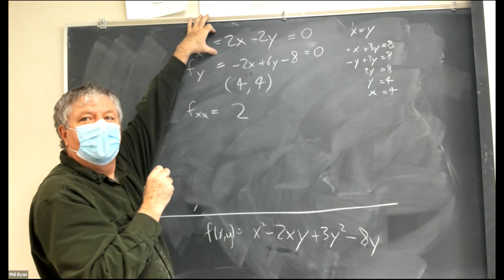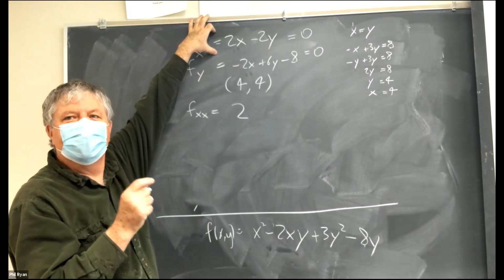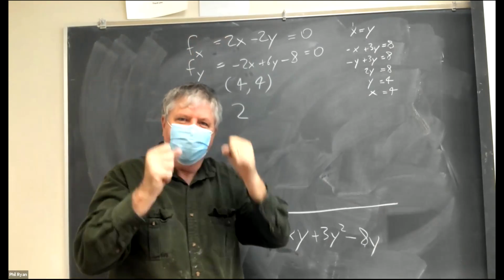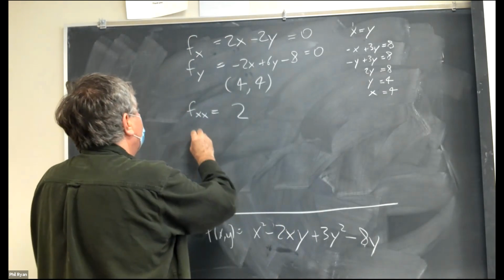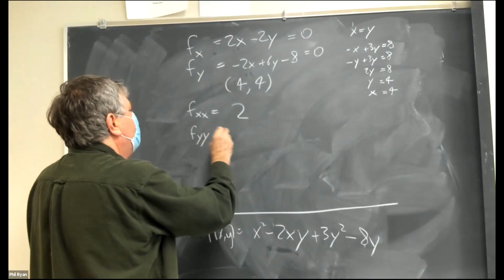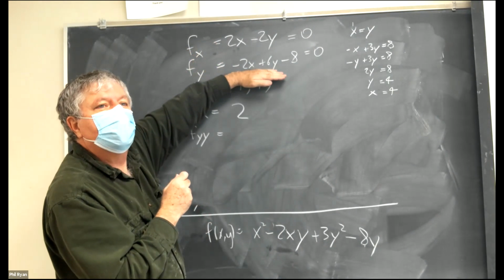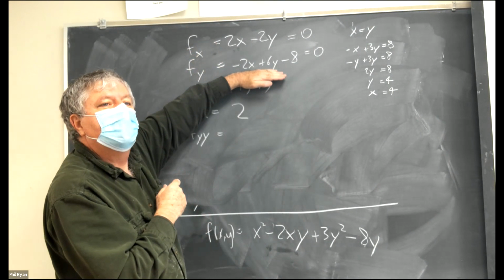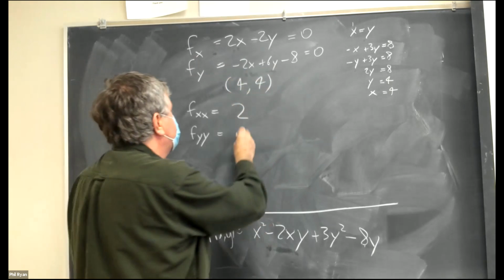Nope. Remember, y is treated as a constant. So just 2. That's a hard thing to remember. I just beat it into you. Ellie, what's the derivative of this with respect to y? Wouldn't it just be 6? It is just 6.